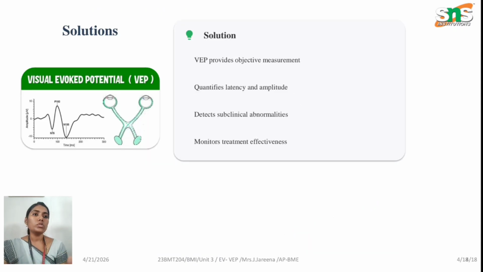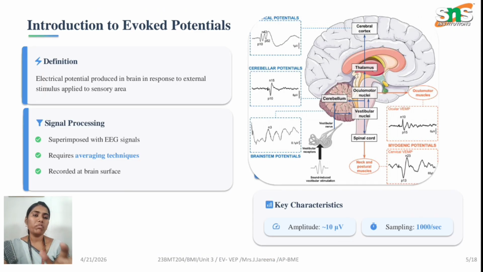So let's move on to the main core of what is meant by evoked potential. I will give a few glimpses of the evoked potential introduction, then I will move on to what is meant by visually evoked potential. As we all know, evoked potential is an electric potential which is generated in the brain in response to any sort of external stimulus which is applied to the sensory area, because in our brain we have sensory areas.